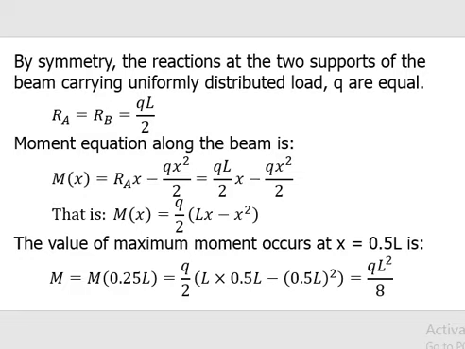If you factorize q over 2 out, then in the bracket we have Lx minus x squared. The value of the maximum moment will occur at 0.5 L. So replacing x with 0.5 L will give us qL squared over 8 as the maximum bending moment for that parabola.